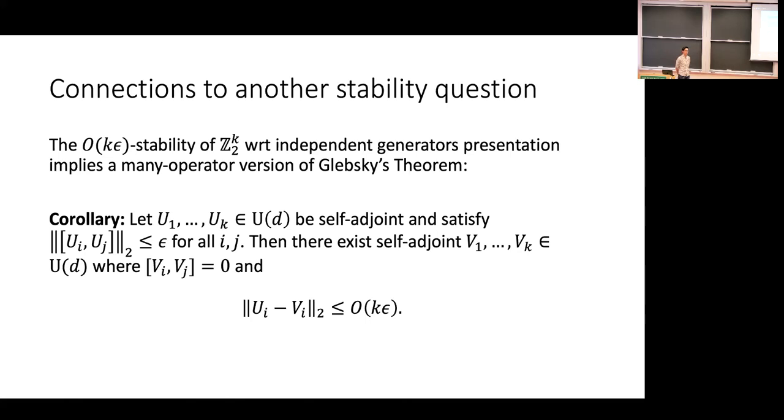Maybe you just choose V1, then go to the orthogonal space and choose the next one, and so on. I mean, you're using self-adjoint because you want to use the theorem. But if you just iterate Glebsky's theorem k times, you should take some more components and go into bigger spaces.